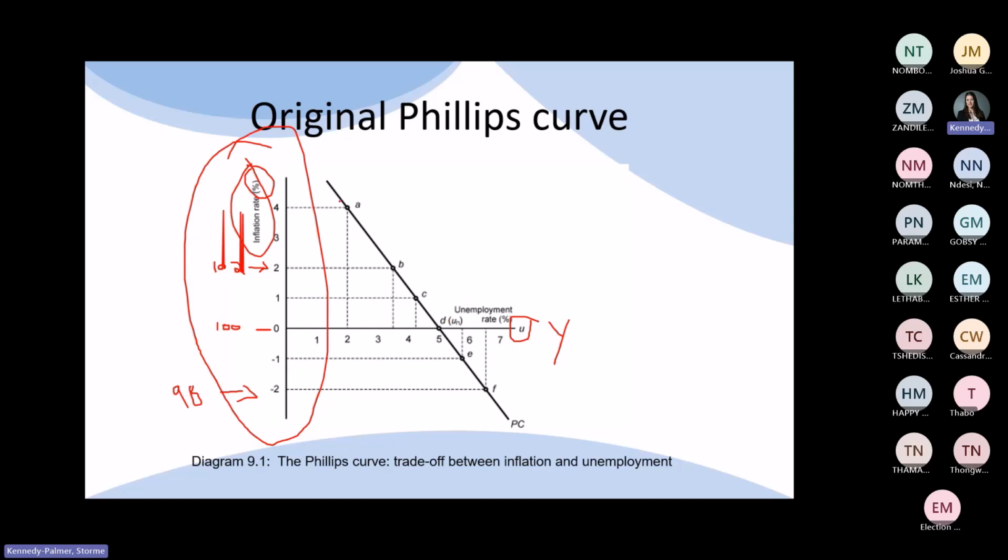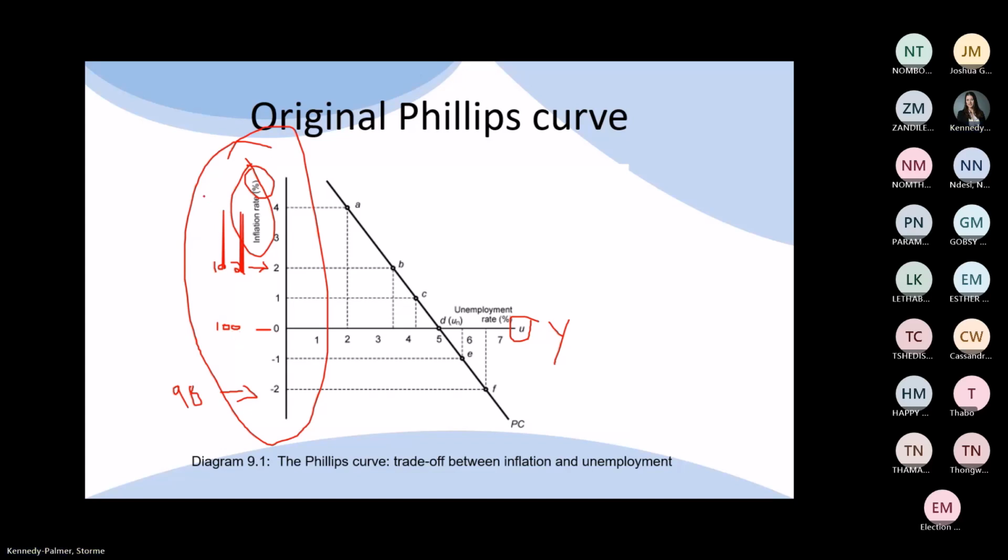So the policymakers abused this and they said, okay, well, I can deal with, in this example, an inflation rate of 4% if our unemployment rate is going to go from, say, originally 5%, now it's going to go to 2% if we tolerate inflation going up from 0 to 4%.